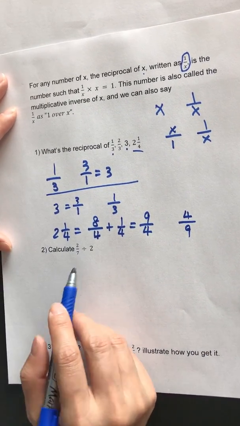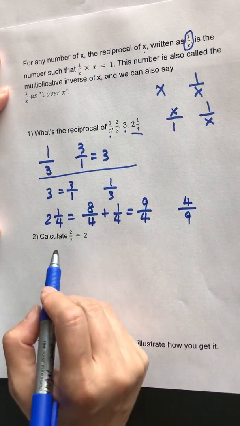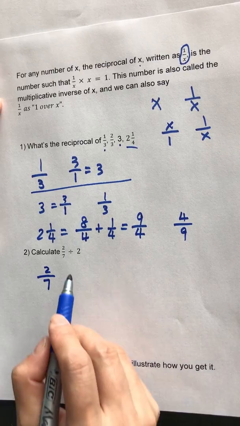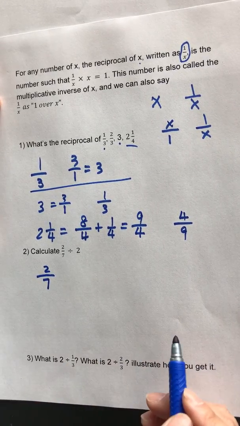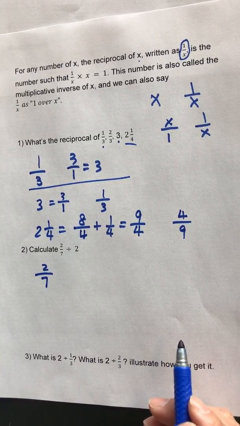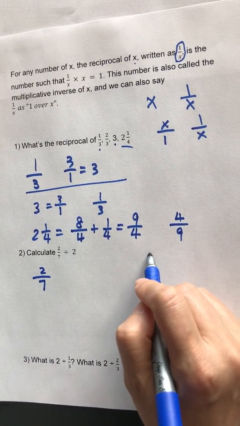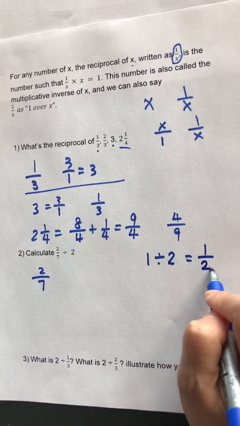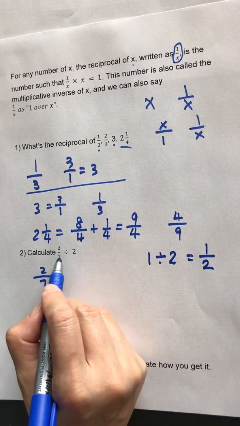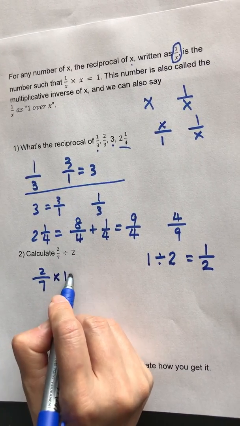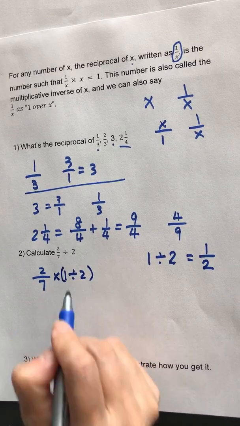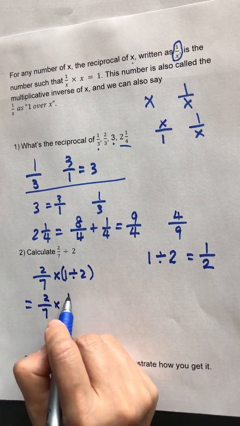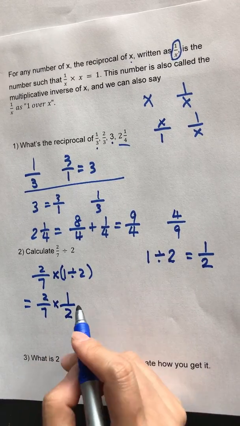Number 2, calculate this. The fraction is 2/7 divided by 2. Divided by 2, we can look at this as multiplying by 1 divided by 2, that's 1 over 2, right? So 2/7 multiplied by 1 over 2.